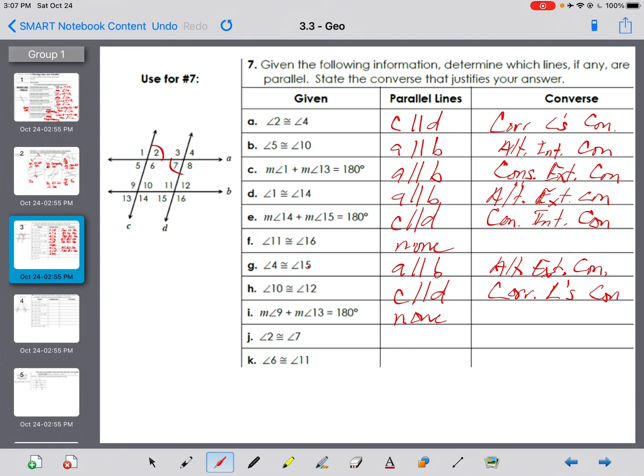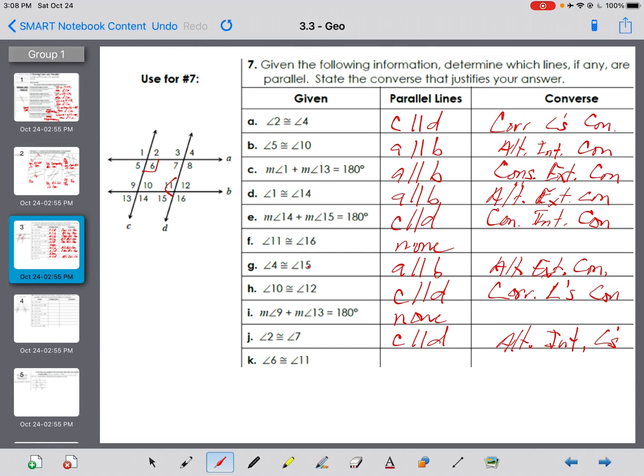Let's look at 2 and 7. Alternate interior. Cutter is A. Being cut is C and D. So C is parallel to D. And that's alternate interior angles converse. On the last one, let's do 6 and 11.